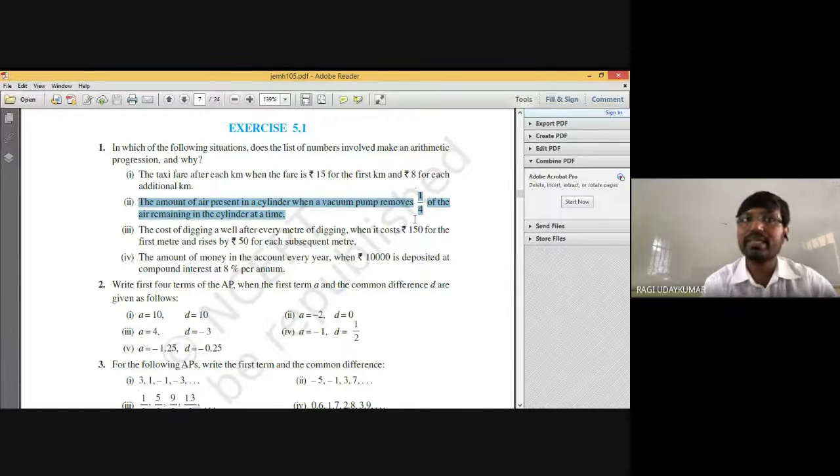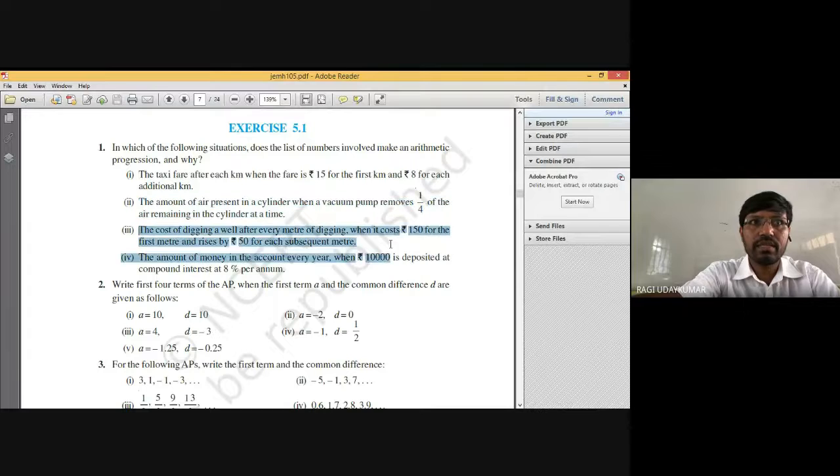But we are subtracting a different number each time: first 1 by 4th of 400, second 1 by 4th of 300, third 1 by 4th of the remaining. So that's why it is not an arithmetic progression. Okay? Is it clear? Yes, sir.